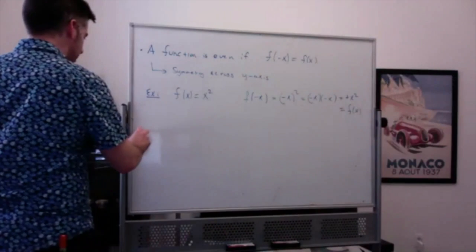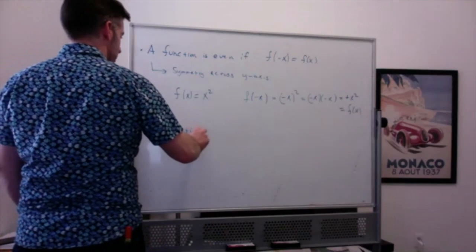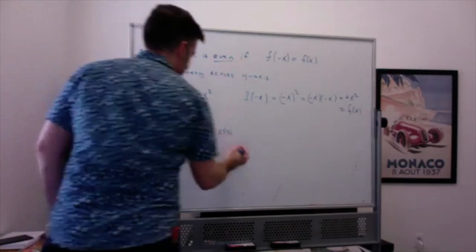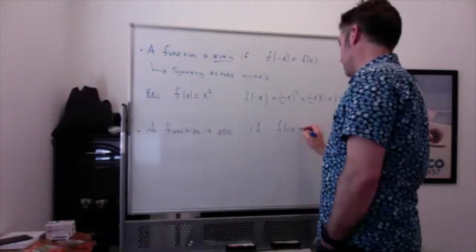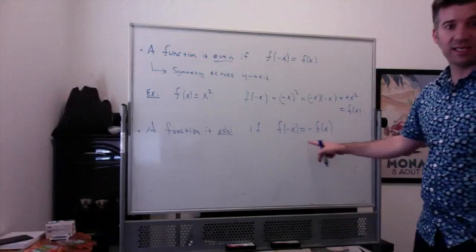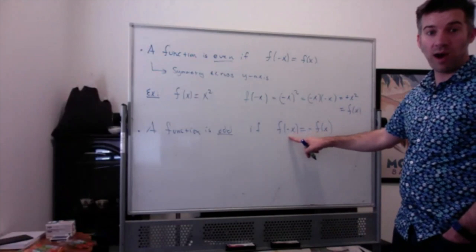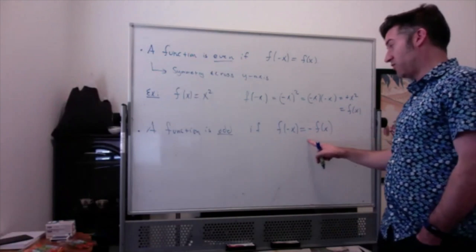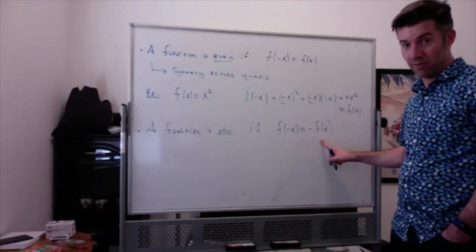And in a similar, but not quite the same way, a function is odd if f of negative x is equal to negative f of x. So what this says here, the way I kind of think about it is if we reflect it across the y-axis, it's the same as reflecting it across the x-axis. Or basically, if you do a horizontal flip, it has the same result as if you did a vertical flip.